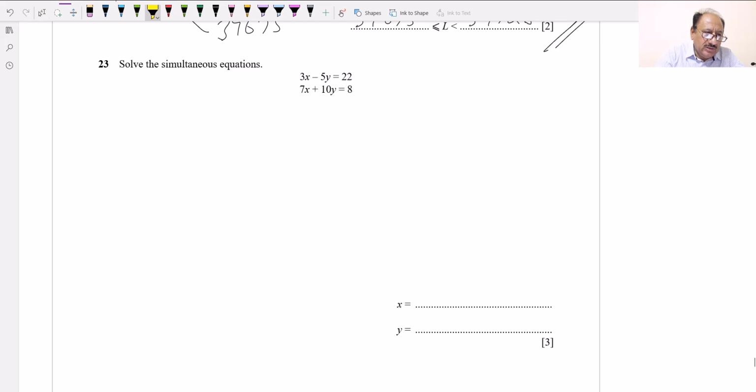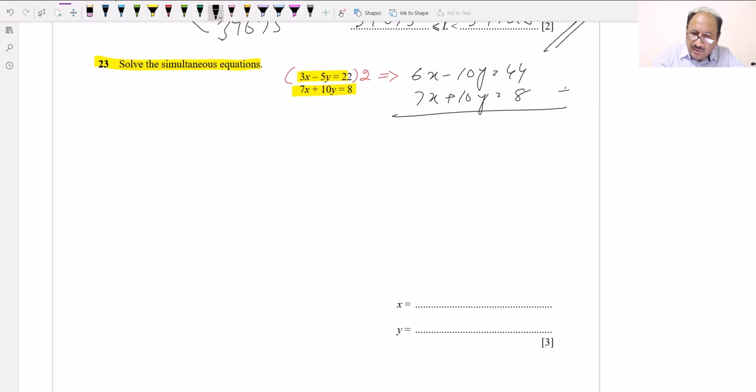And the next question, 23, is solve the simultaneous equations. These two equations are provided. If we want to equalize the coefficient of y, we have to multiply this equation by 2, and this implies 6x minus 10y is equal to 44, and the second equation is 7x plus 10y is equal to 8.